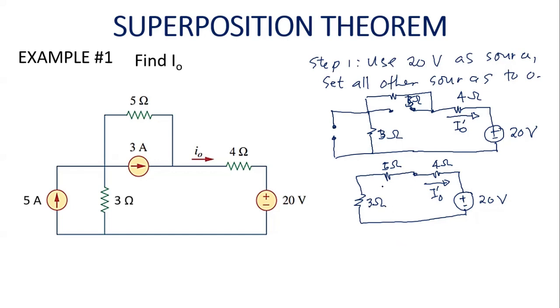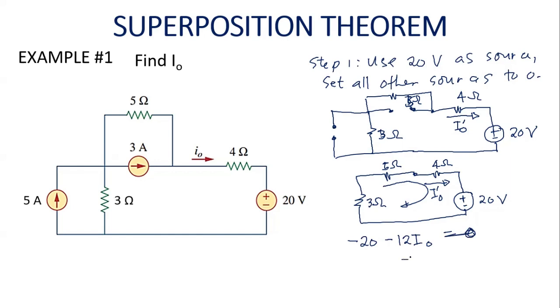Since it's series, we can apply KVL around the loop. Say the current here is I/O. Let's start with 20 volts. So we have 20 minus the sum of the resistances, 8 plus 4, that's 12, times I/O equals 0.